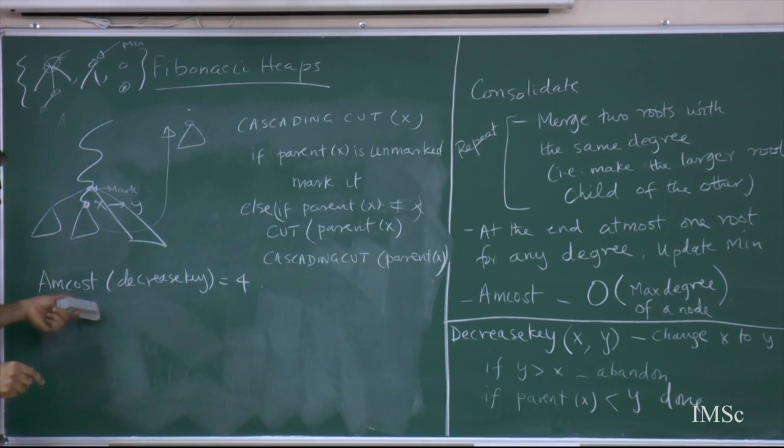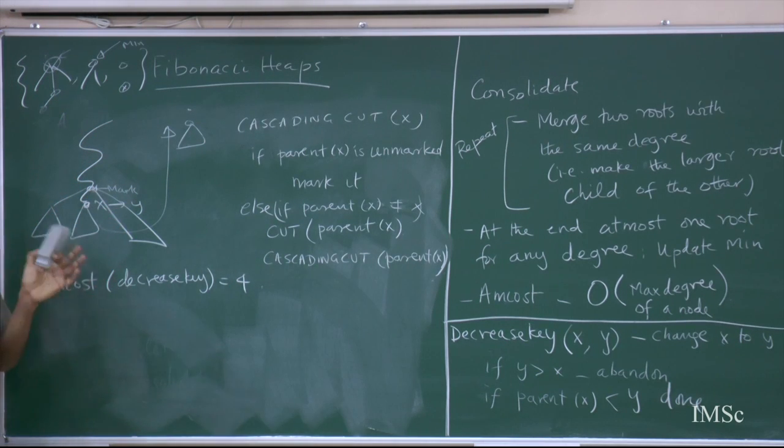Now I claim that it's okay if a decrease key operation may actually require a lot of cascading all the way, but still there is enough charge on the tree to pay for it. So it's enough if I come with 4 units. Why? If I am the first child, I will cut it, pay 1 unit for cutting it, and 2 I give to my parent.